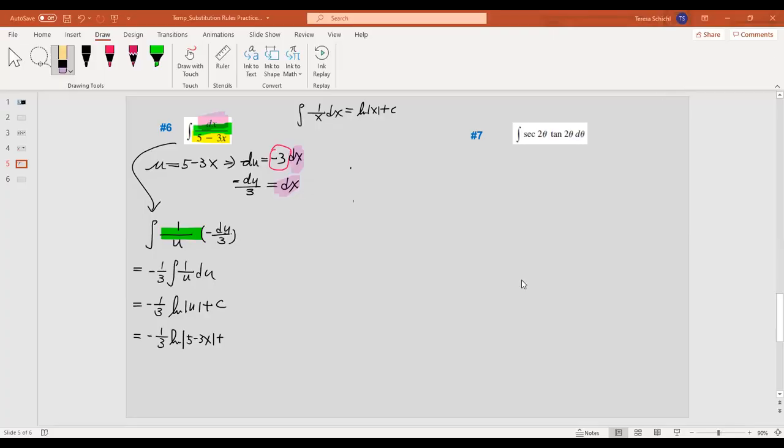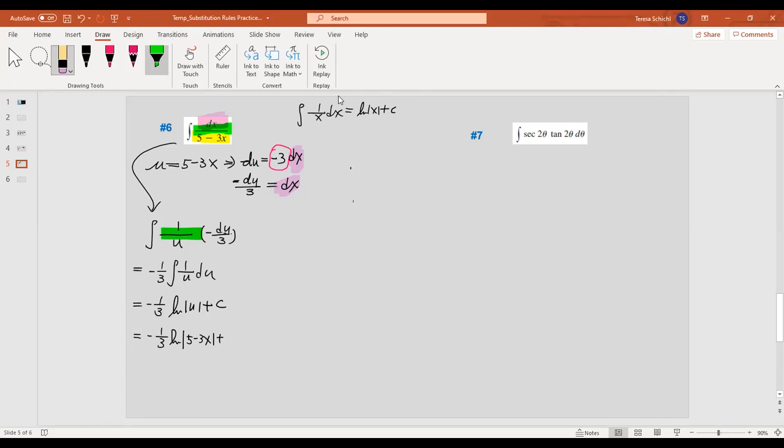So this is secant 2 theta tangent 2 theta d theta. Okay, so like in here you say, where is my u? And which one is my function here? You think about it, and you say, how about I treat the secant as my function?